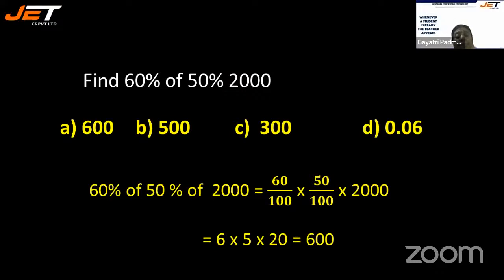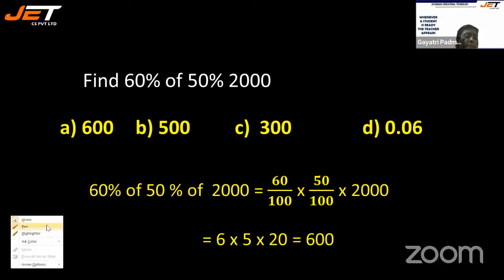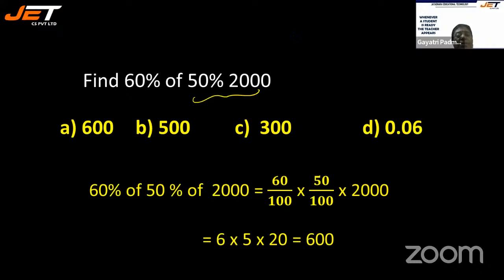See the next one. Very interesting one. You have to find 60% of 50% of 2,000. Now what is 50% of 2,000? 50 by 100 into 2,000, isn't it? In that, they are asking 60%. Since it's multiplication, wherever you write it, it's going to be the same.